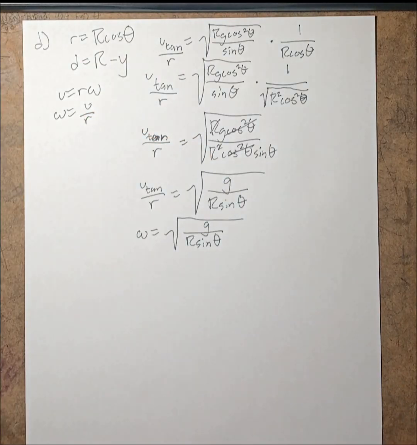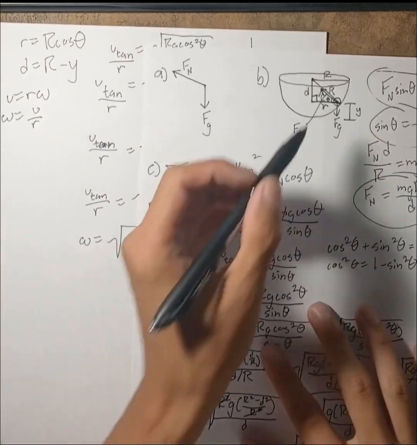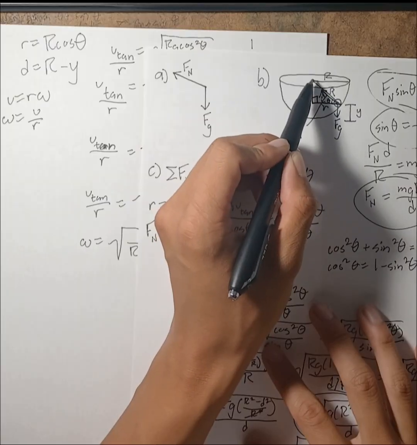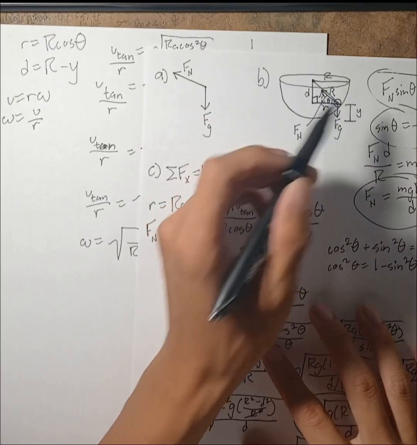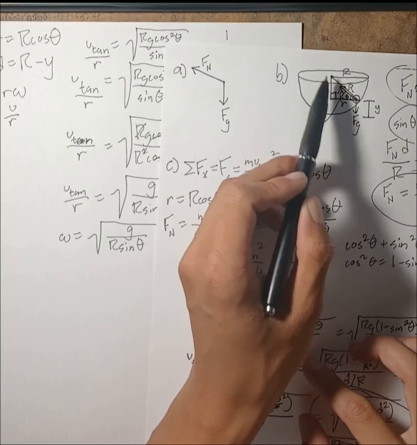And if we look at our diagram again, this is big R, and since it has components, then the sine of this angle here would be d, and so r sine theta would be d.